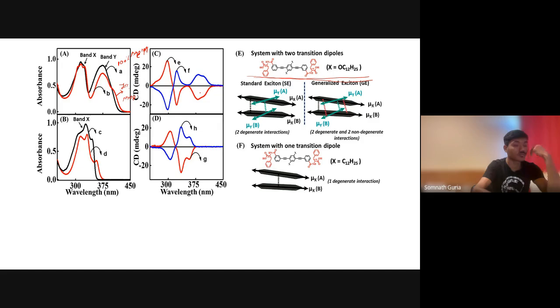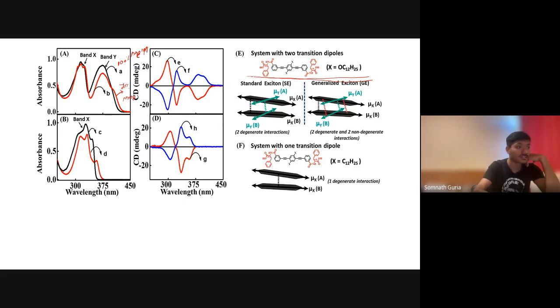If you increase the concentration of that solution, they start to aggregate, forming a helical kind of structure. If the molecule becomes helical, it has some chirality, and the overall system can have chirality and become CD active.